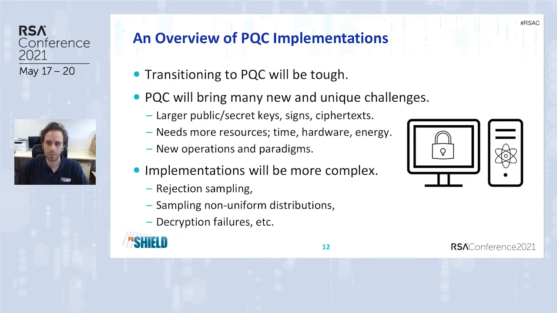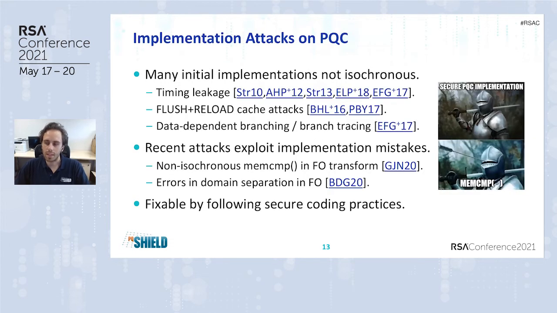We see new operations like Gaussian sampling, rejection sampling, and decryption failures, something we've not really seen in the past. One of the things we observed is that many initial post-quantum implementations failed in some key areas, which possibly wouldn't have happened if secure coding practices had been used.